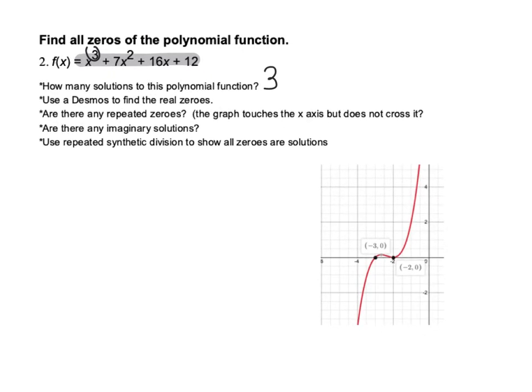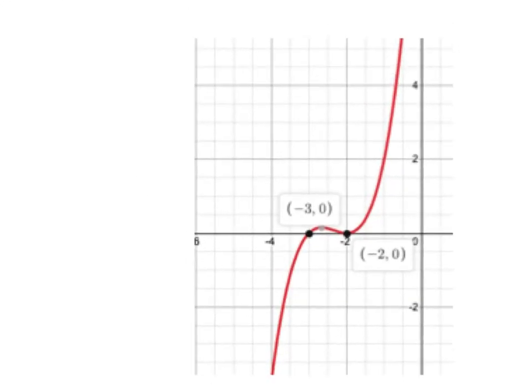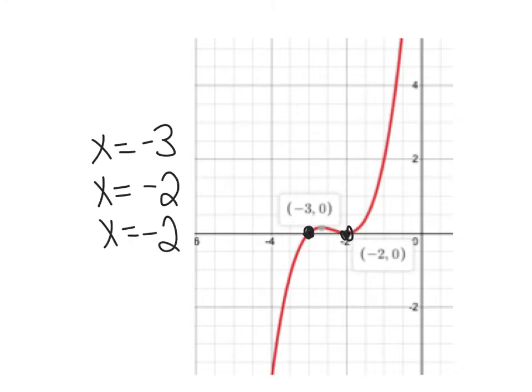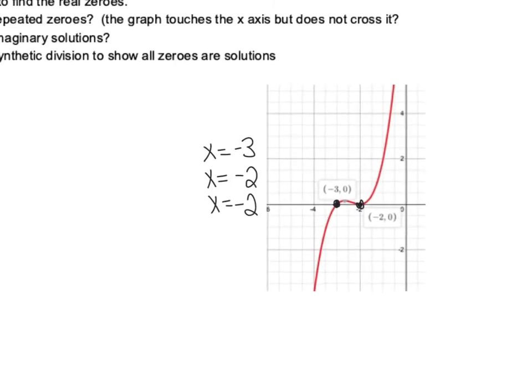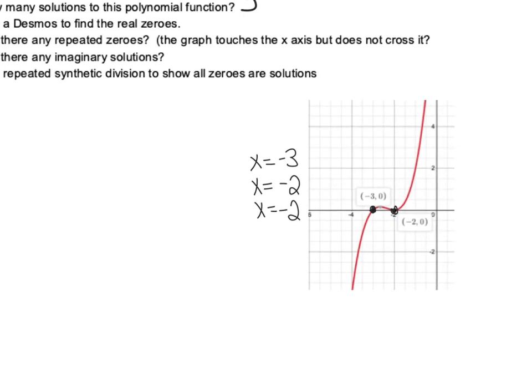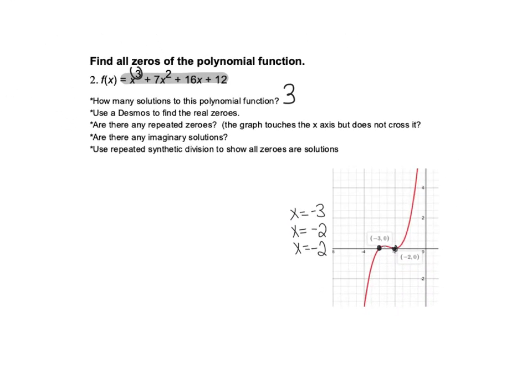And if we look at our graph in Desmos, we notice that it crosses at -3, okay? And it bounces at -2. So remember, when it touches but doesn't cross, that's a repeated solution. So we'd have repeated solutions at -2. Okay, so the 3 solutions to our equation here are going to be -3, -2, and -2.